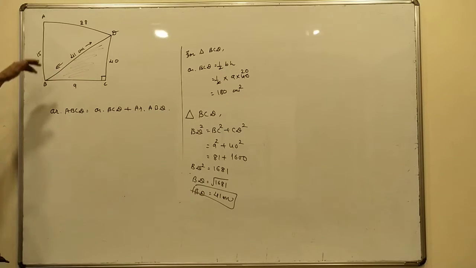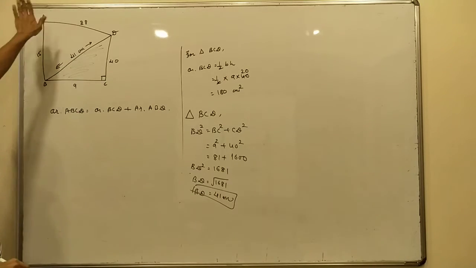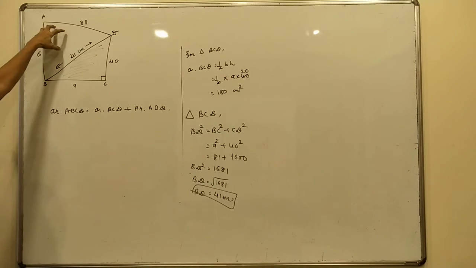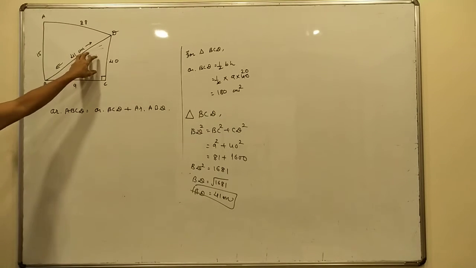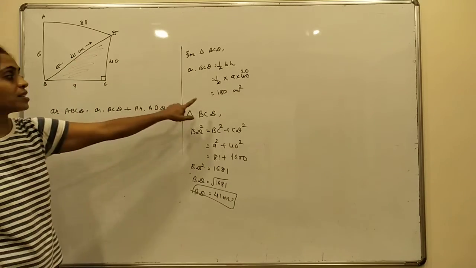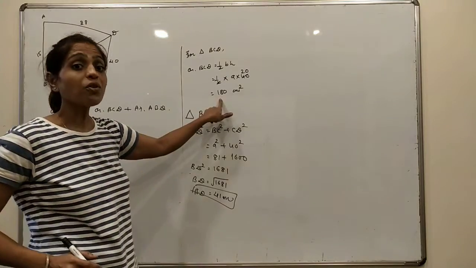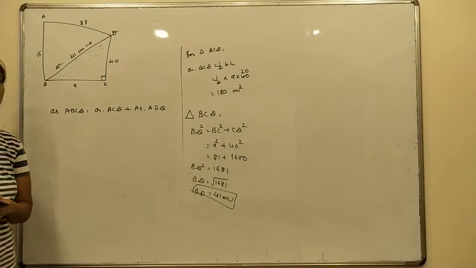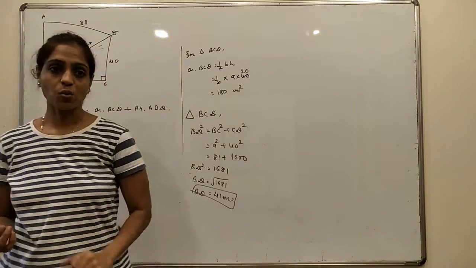Now the unshaded triangle. Area of the whole quadrilateral is the area of one triangle plus the area of another triangle. But the area of the shaded triangle is right angle, so it is very easy to find. But what about when all the 3 sides are given? At that time we can use Heron's formula.